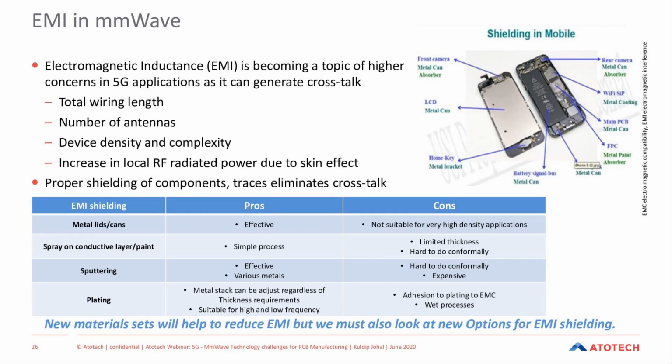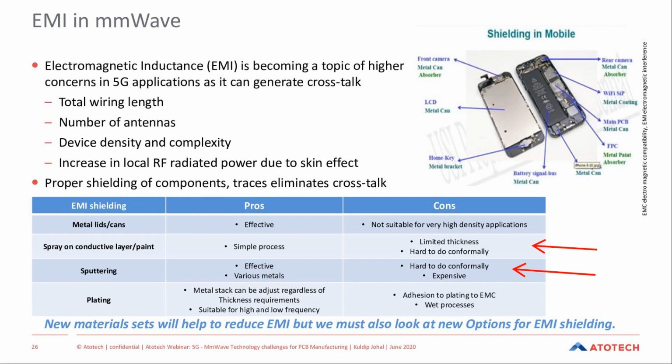One of the approaches I've just mentioned was the traditional metal can approach. We see the industry moving to more of a spray conductive paint type of application, and you can see that there are pluses and minuses in both cases. We also see sputtering. What Atotech has been doing is trying to develop metal stacks that are plated.